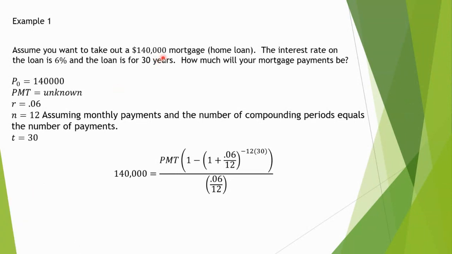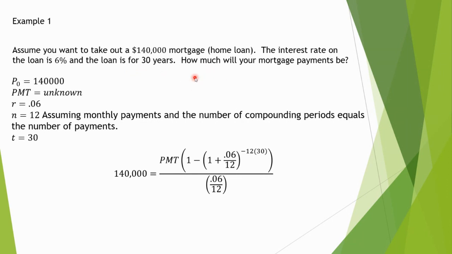And let's say it turns out the interest rate is 6%, and the loan is going to last 30 years. Now, do mortgages usually last that long? I don't know, but for the problem, who cares? So it's $140,000, 6%, 30 years. The question is, how much is our monthly payment going to be?